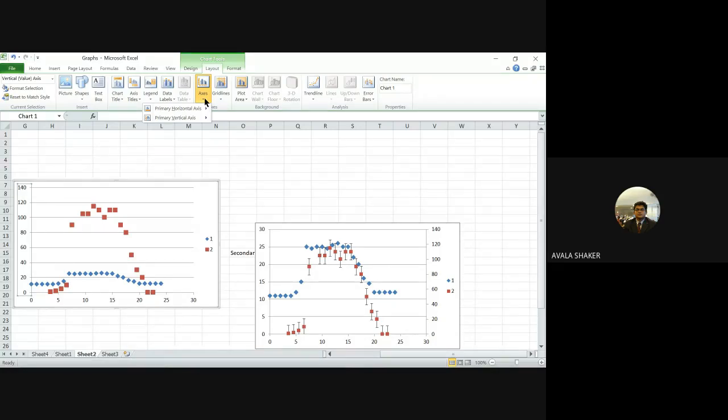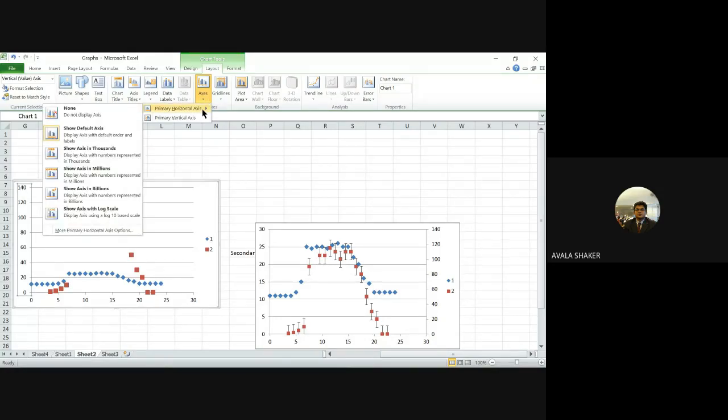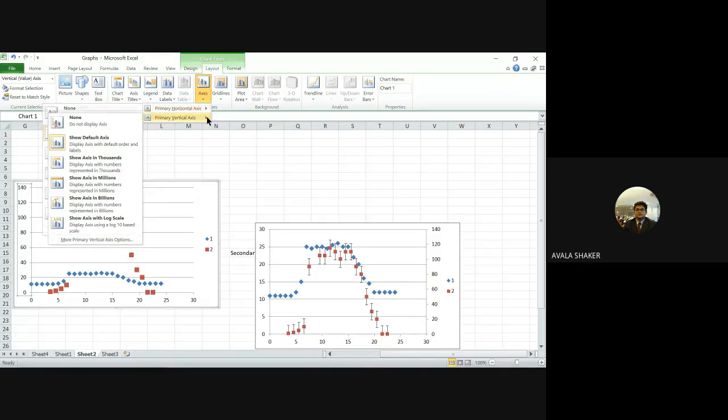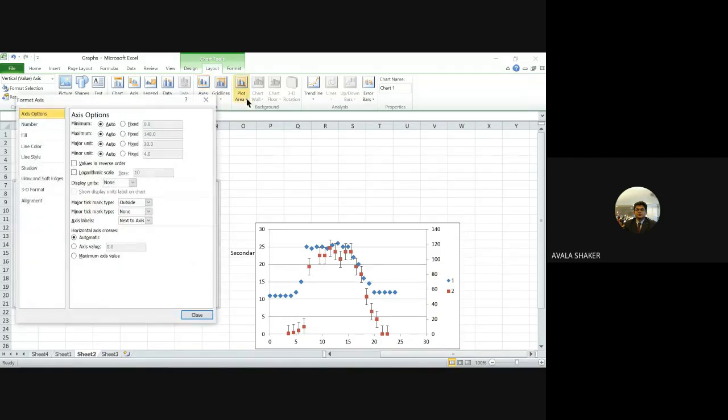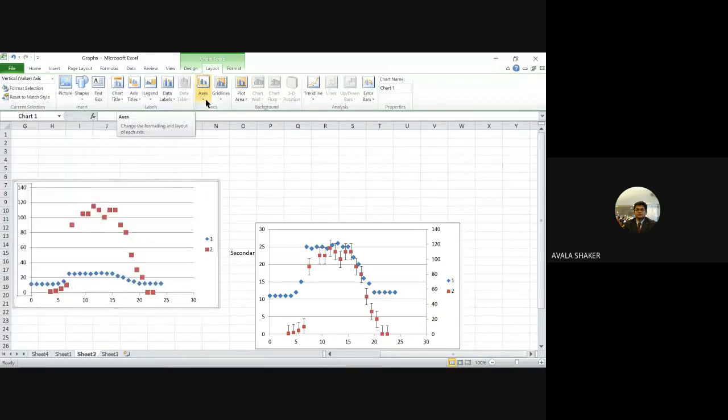So your primary axis, this is the horizontal axis, and the primary vertical axis. More primary axis options. Not this. I want this title.